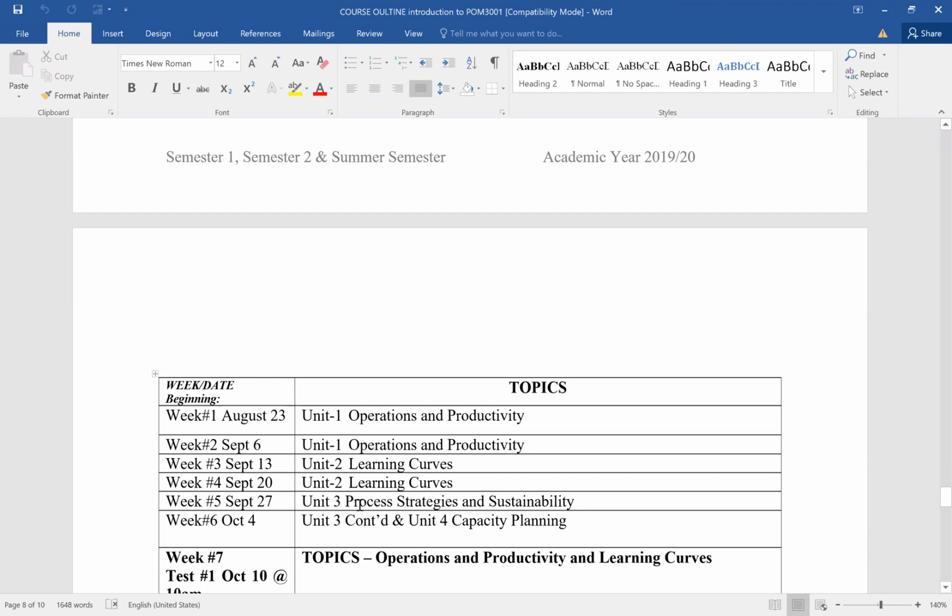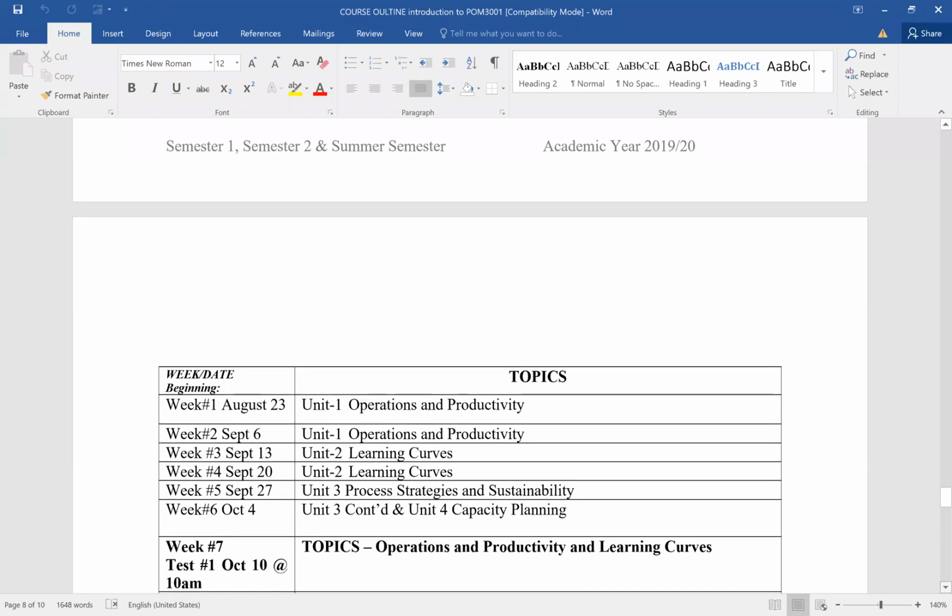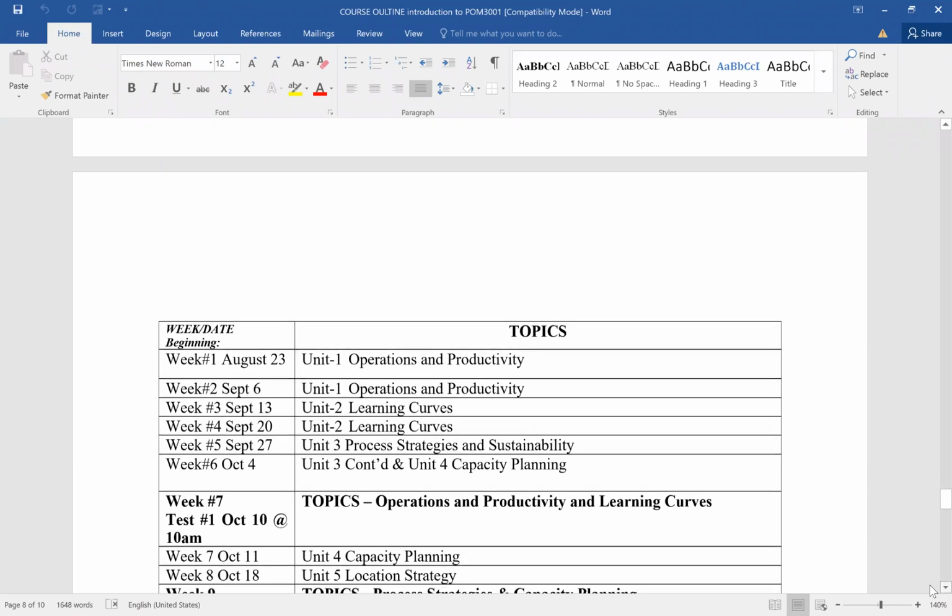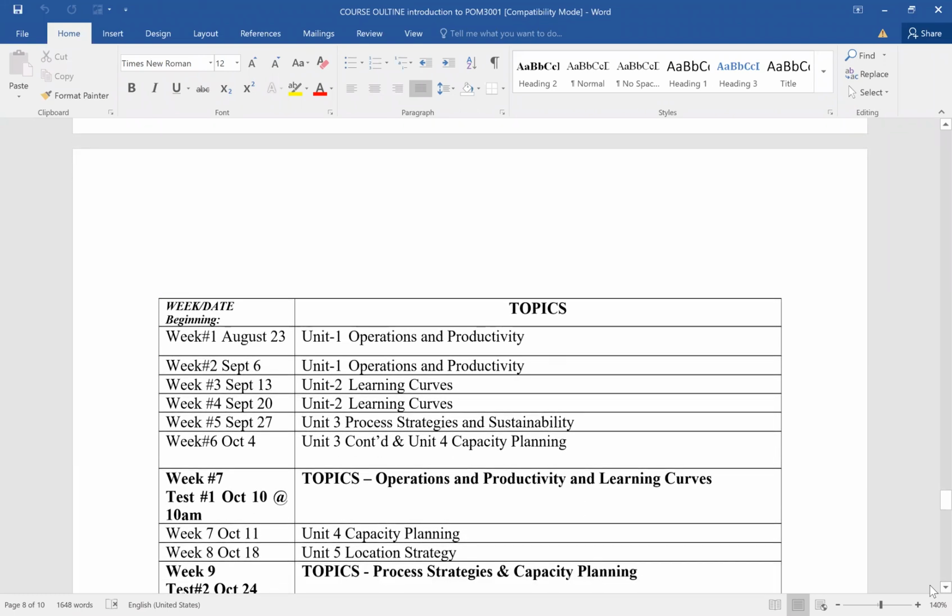And then we go to unit 3, which is process strategies and sustainability. We continue that, and we also move to capacity planning. And then week 7, guys, which is a long time away, so we will definitely cover the topics. Here are the topics for the first test: operations and productivity and learning curve.